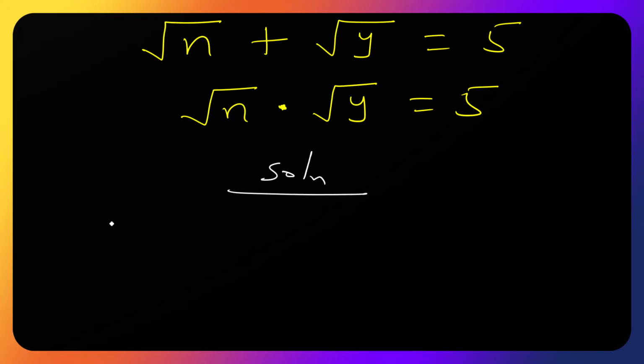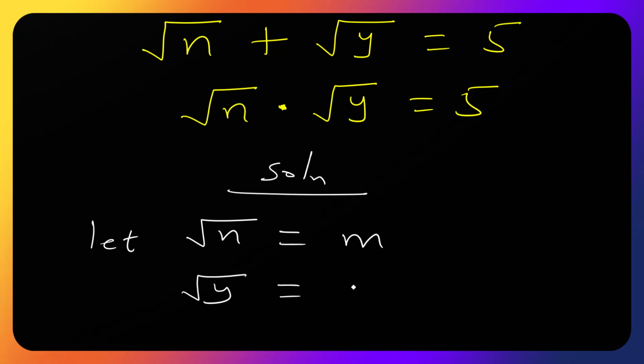Now let's represent square root of n and that of y by a different variable. So let square root of n be m, and that of y be x.